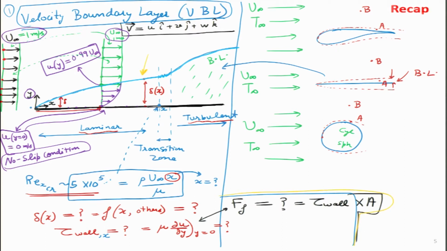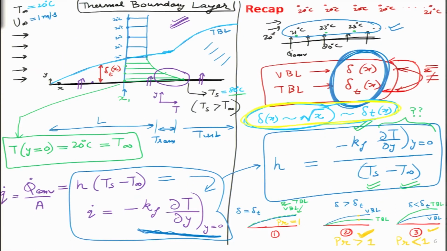Today we would like to look at them. For instance, what is the thickness of this particular boundary layer, how much shear stress does it exert on the flat plate, how much drag force does it apply, and so on. And similar questions will also come for the thermal boundary layer.